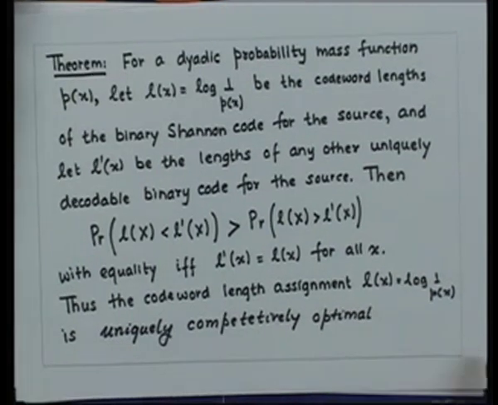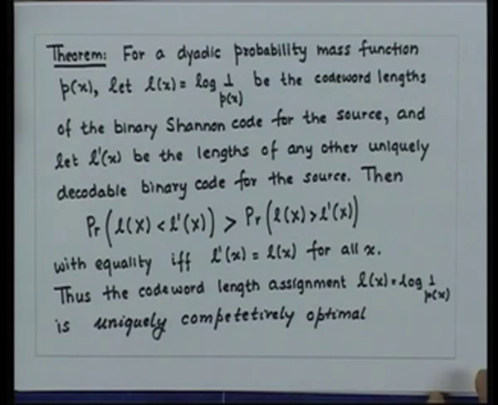So, we have proved that Huffman code is optimal in the sense that the average or expected code length is minimal.